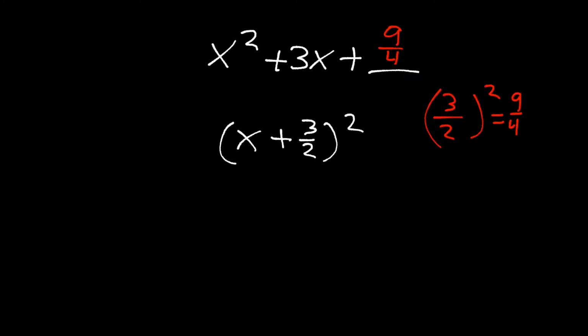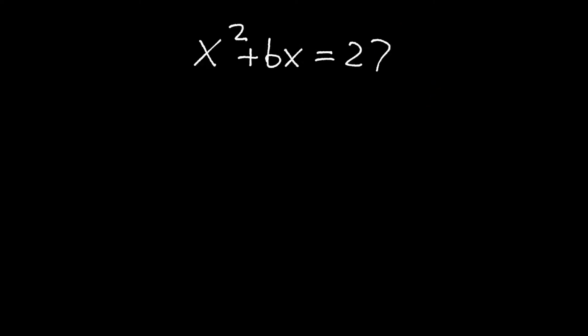Now, let's move into actually working with an equation, because when we have them equal something, it's going to add just a little bit of an issue for us, but we should be able to handle it. So let's take a new look at solving a quadratic equation by completing the square.